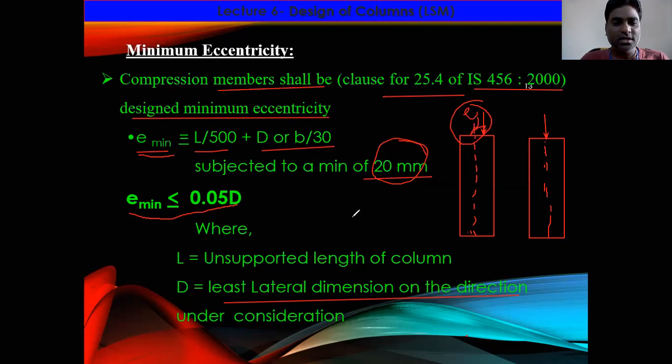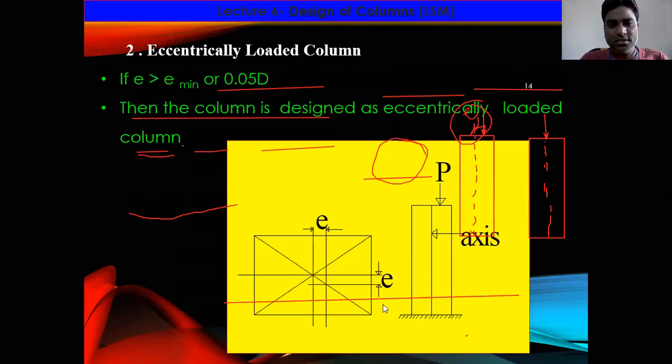Just I will show it for clear understanding. Right. So you see here the centroid of the column, right? And the eccentricity with respect to this axis is this one, and with respect to this axis is this.